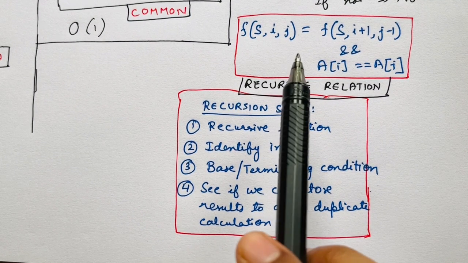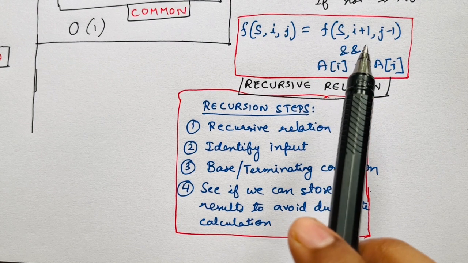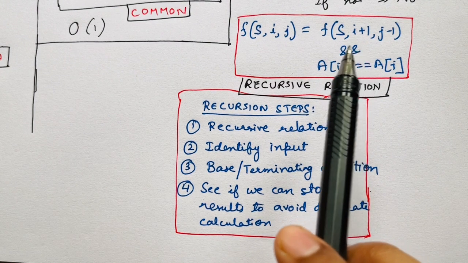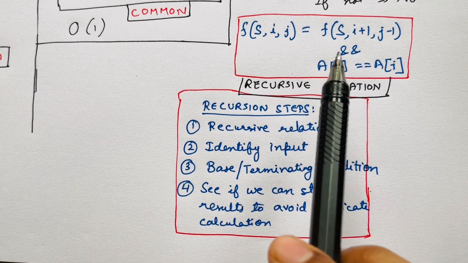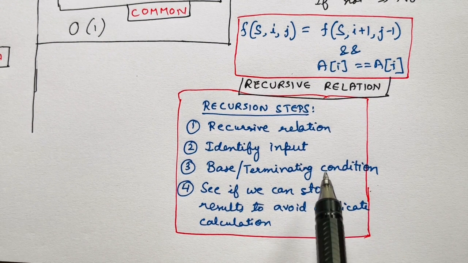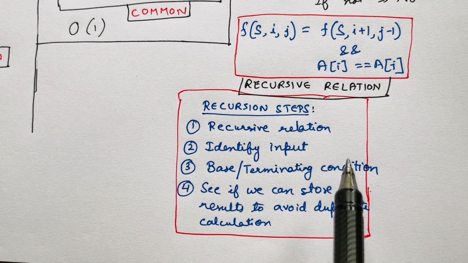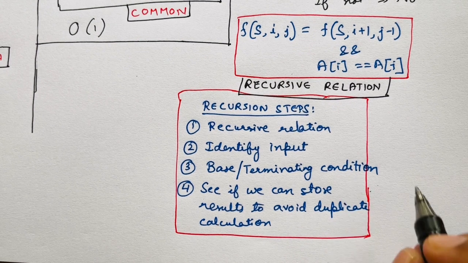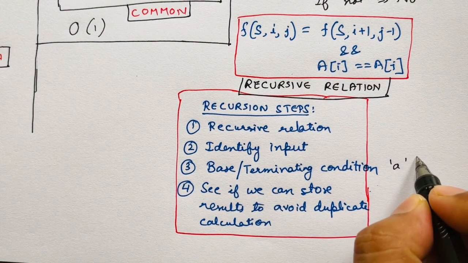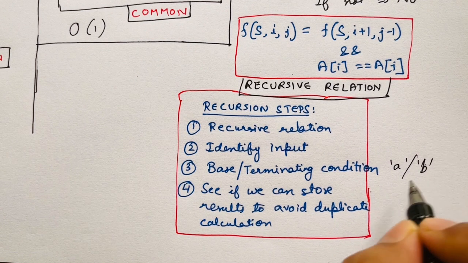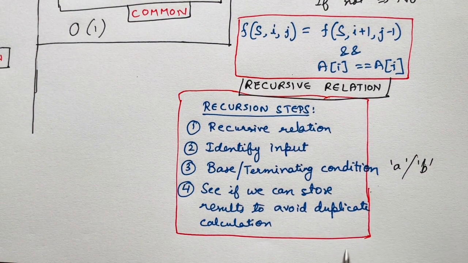Now, what is the thing that is getting reduced with every smaller subproblem? The length of the substring. So if we consider that the length of the substring is the smallest, let's say 1, then we will get the strings like A, B. So we know that all one size strings are palindromes.